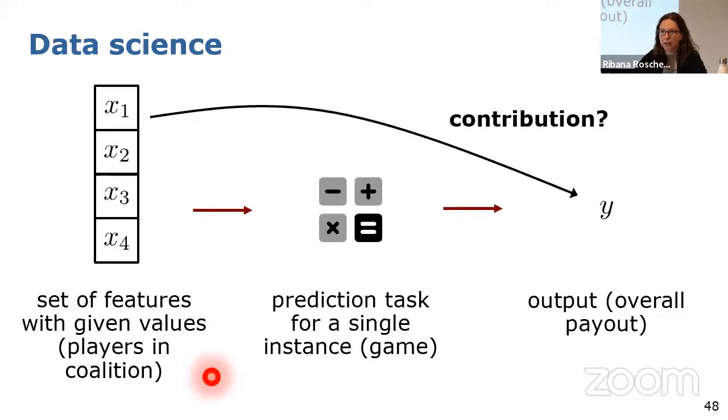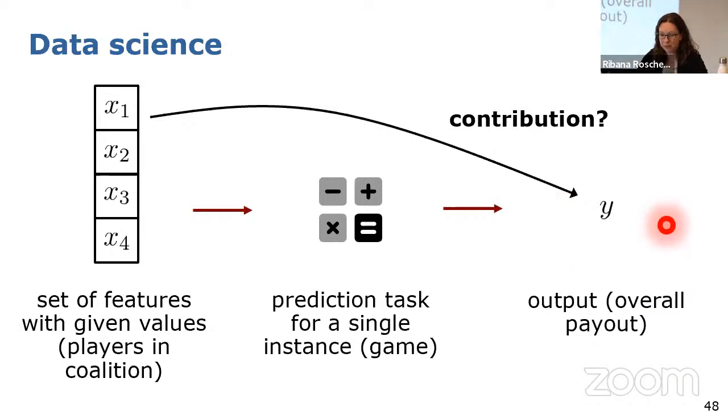They work together for the prediction. Then you have a prediction task for a single instance. This is the game. And then you have the output, which is the overall payout. So this is the prediction value in the end. And the question stays the same: what is the contribution of each single feature to the overall payout?